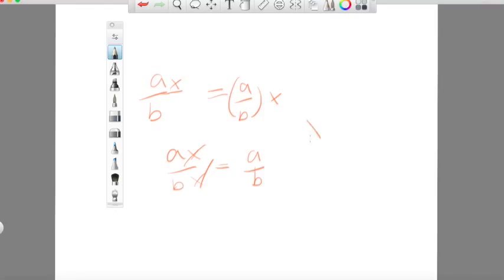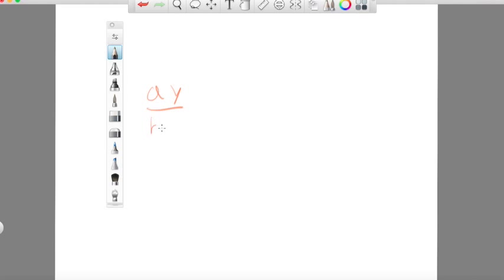Since x to the first power times x to the negative 1 is equal to x to the 0, which is 1. And there we go, proof that x to the 0 is equal to 1. Pretty simple. And like the last example, ay over bx is equal to a over b times the variable y over x, sorry.